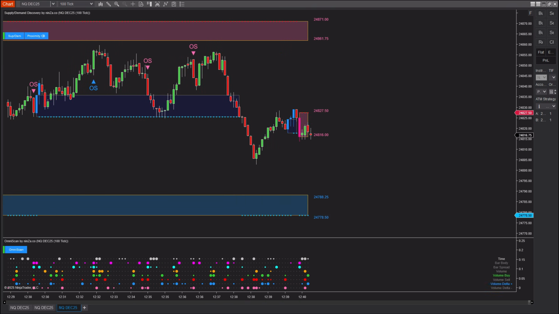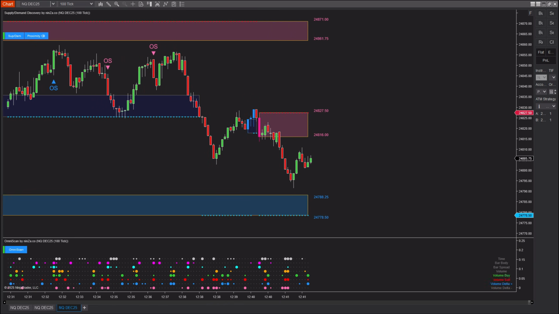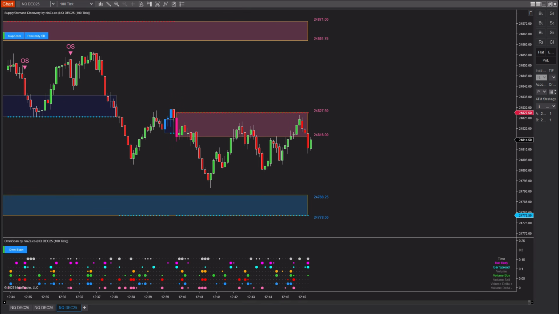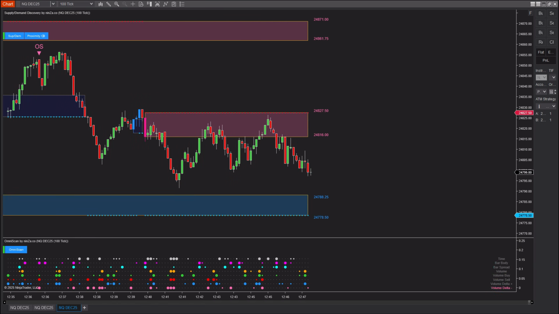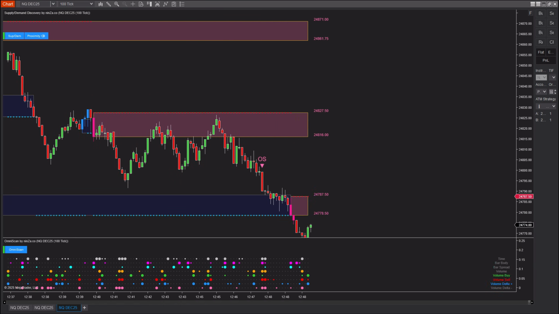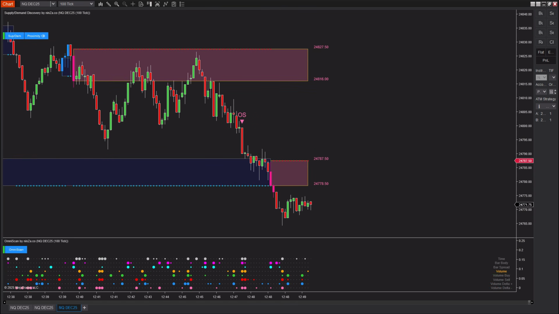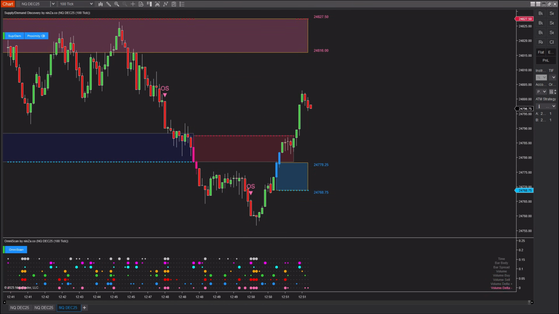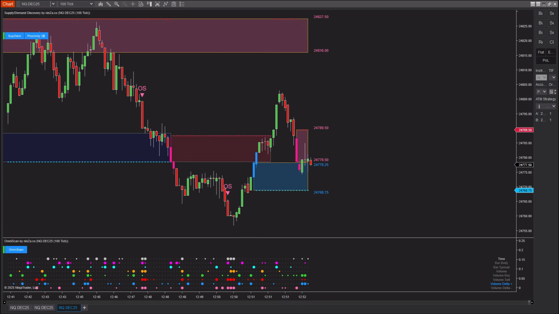And as you can see, with this combination, we have multiple entry opportunities without ever being passive. The supply/demand zones highlight key price areas, while OmniSpectrum Scan gives us precise confirmation for execution. This keeps us proactive and ready to capitalize on strong market reactions.